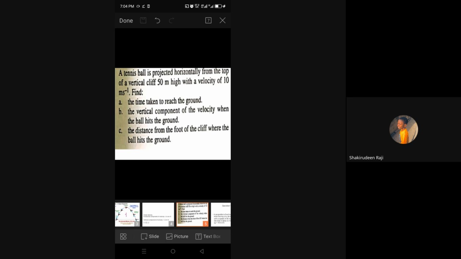Horizontally from the top of a vertical cliff 50 meters high with a velocity of 10 meters per second. Find A, the time taken to reach the ground, B, the vertical component of the velocity when the ball hits the ground, C, the distance from the foot of the cliff where the ball hits the ground.